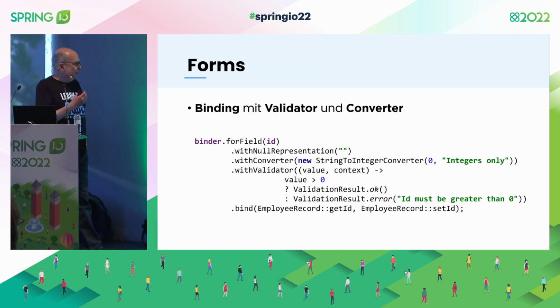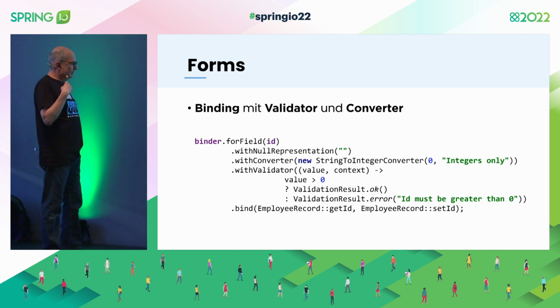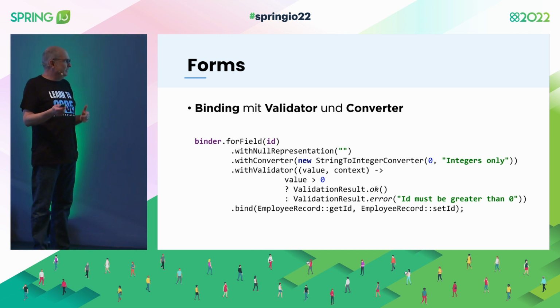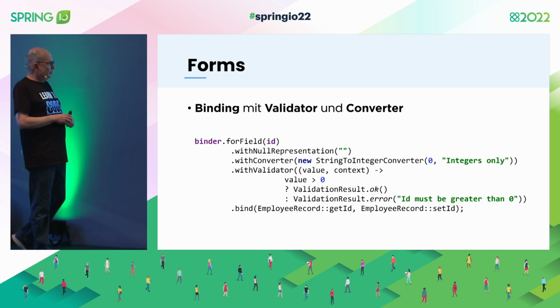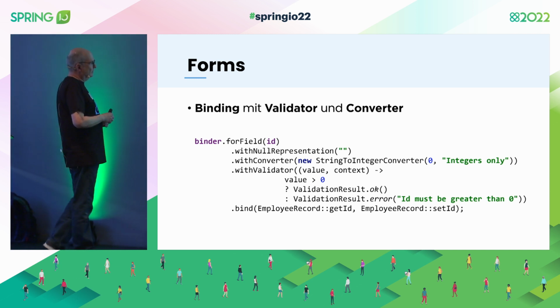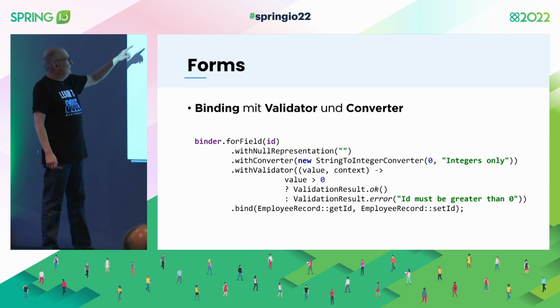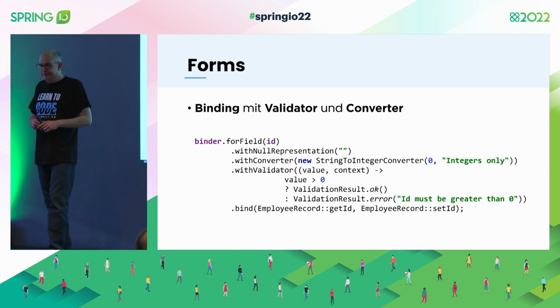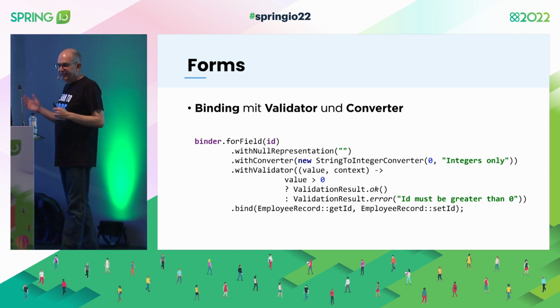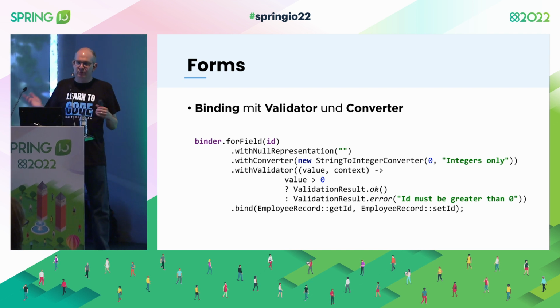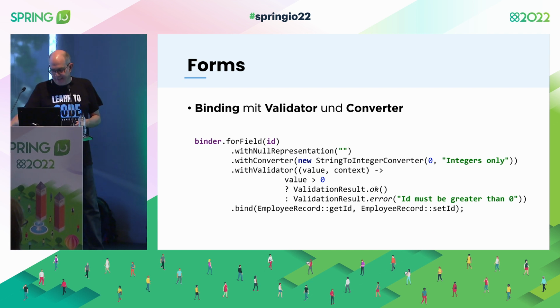The other thing that we need to create an application where we can enter data, we need some data binding with converters and validators, for example. And for that, Vaadin knows the concept of a binder. And with the binder, you bind an object to the elements in the form.